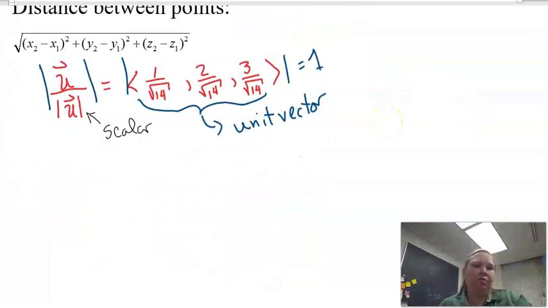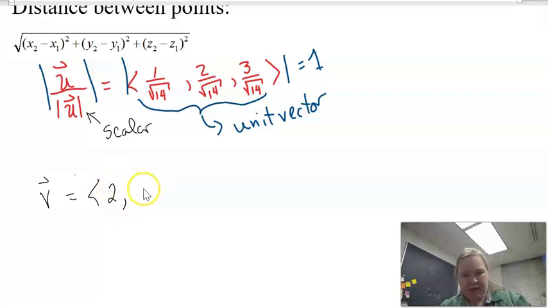So I'll do one more numerical example. Let's call my next vector v, and I'm going to pick some random components for it. So let's go for 2, -2, and 5. Now I want to find out how long that vector is.